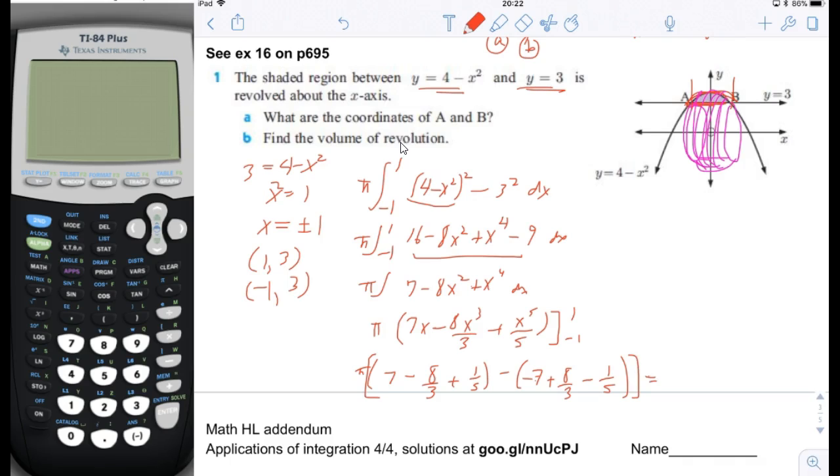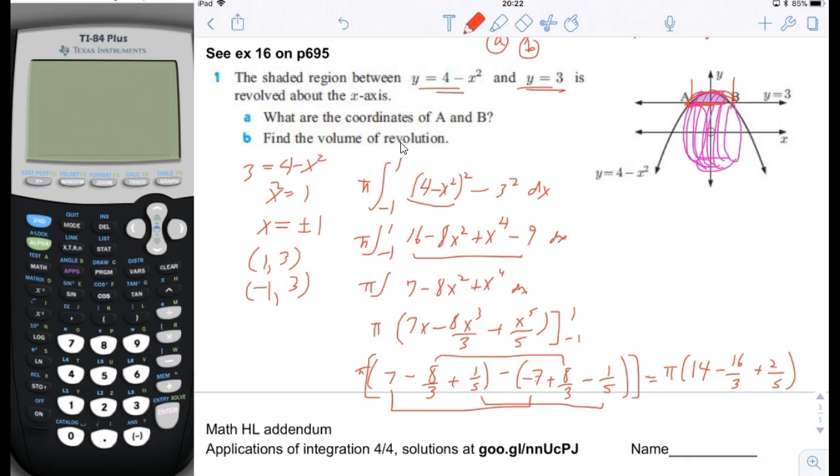And so basically, I'm going to add these two terms together. I'm going to get 7 minus negative 7, so that's 14. And then I'm going to do these two terms, minus 8/3 minus 8/3 is minus 16/3. And then I'm going to do these two terms, 1/5 minus negative 1/5 is 2/5.